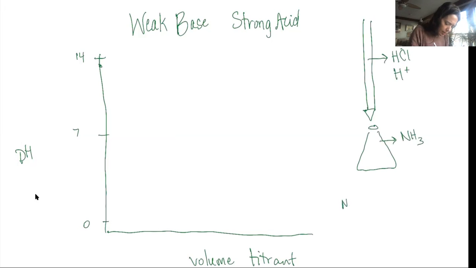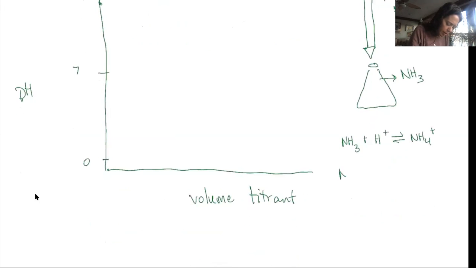It is NH3 plus the hydrogen ion yields ammonium. Or we could incorporate water: NH3 plus H3O+ yields the ammonium ion plus water. I kind of like that a little bit better today.